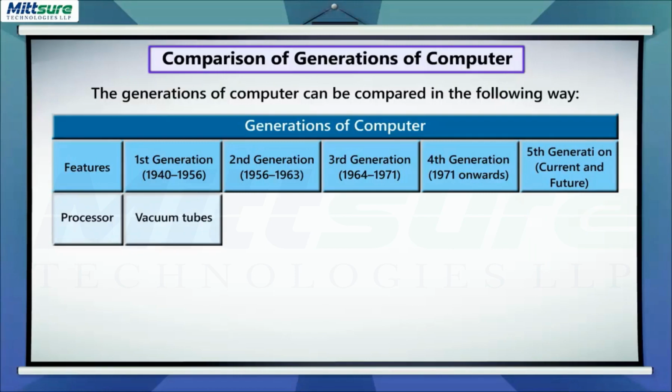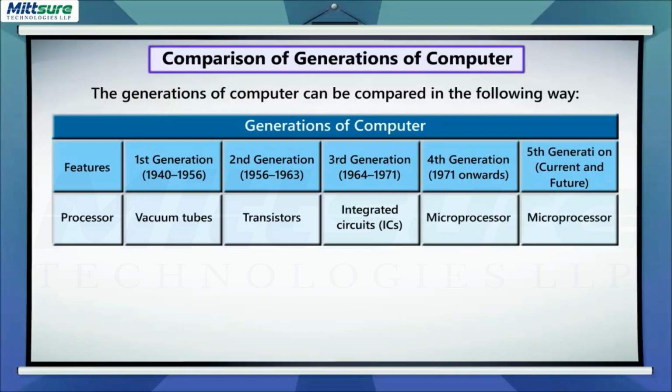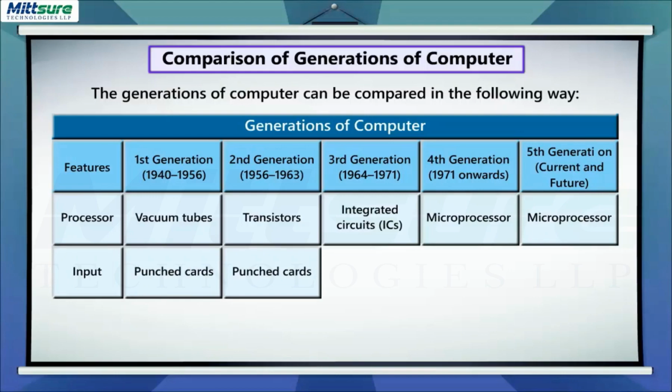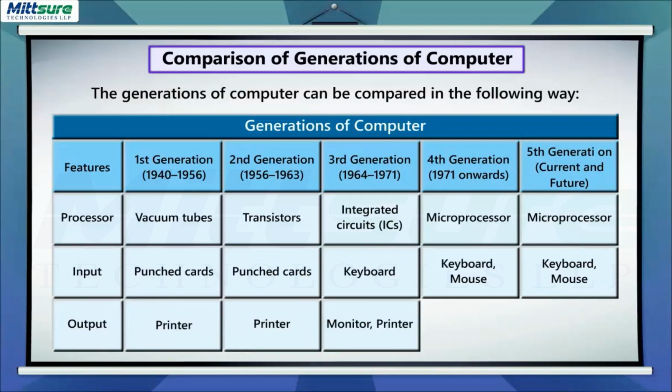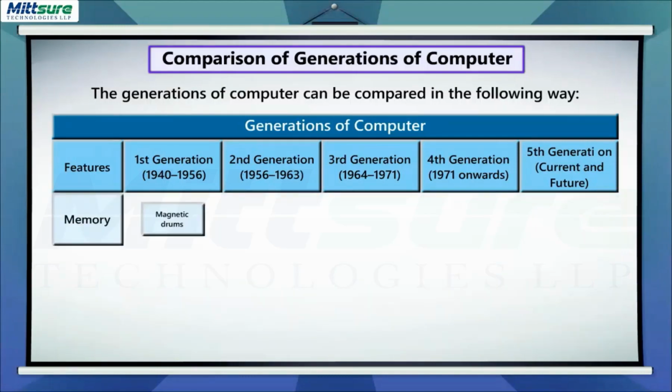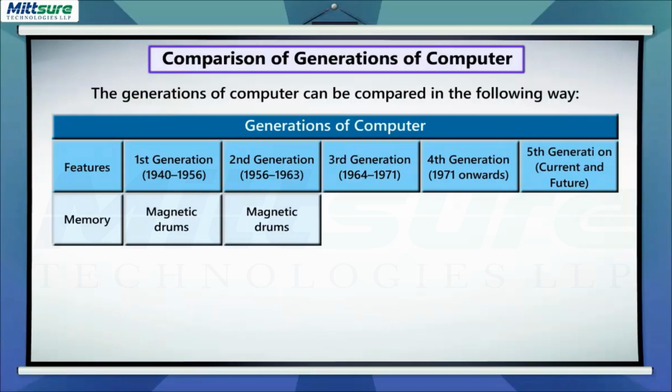Processor: vacuum tubes, transistors, integrated circuits, ICs, microprocessor. Input: punched cards, keyboard, mouse. Output: printer, monitor, printer. Memory: magnetic drums, magnetic disks.